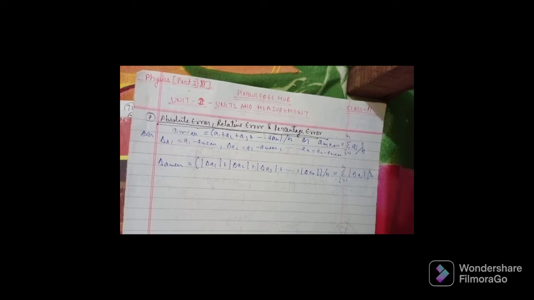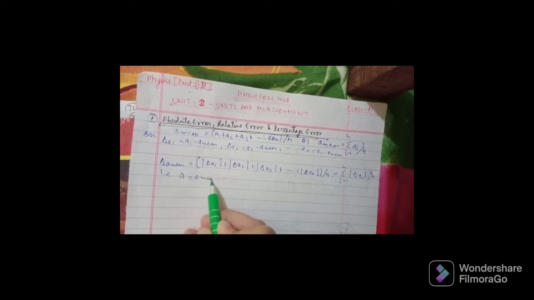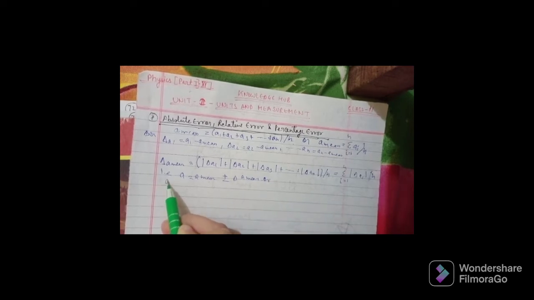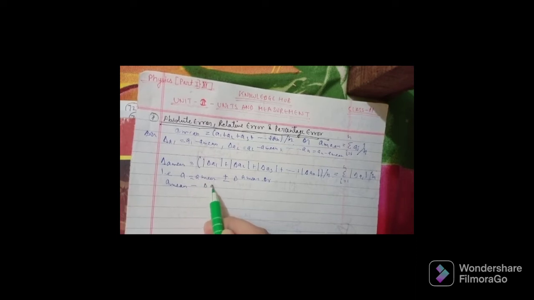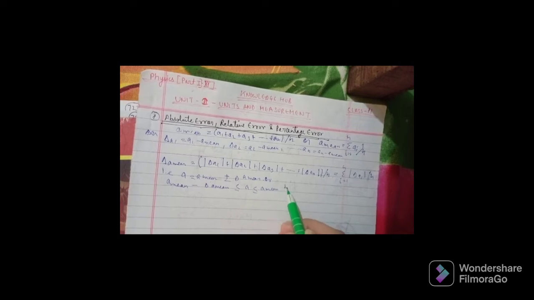That is, a mean minus delta a mean is less than or equal to a, which is less than or equal to a mean plus delta a mean.